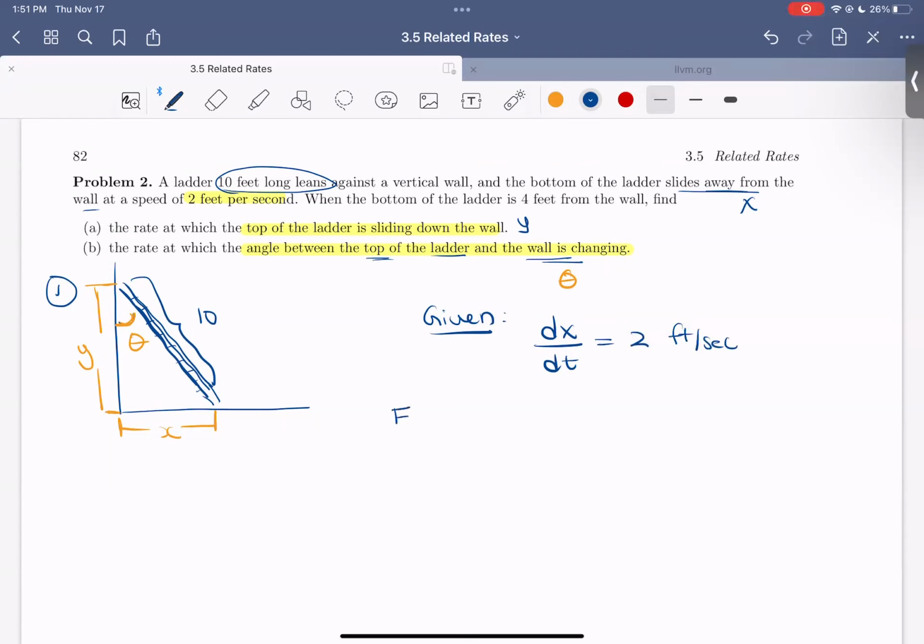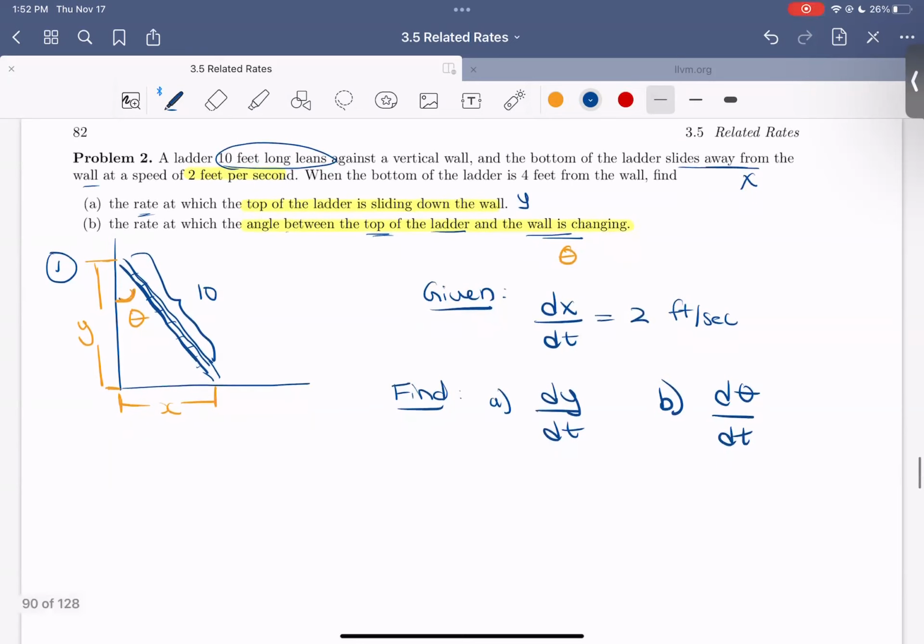In part A, we're told to find the rate of the top of the ladder sliding down the wall, so we need to find dy/dt. And in B, we need to find the rate at which the angle between the top of the ladder and the wall is changing, so d theta/dt.